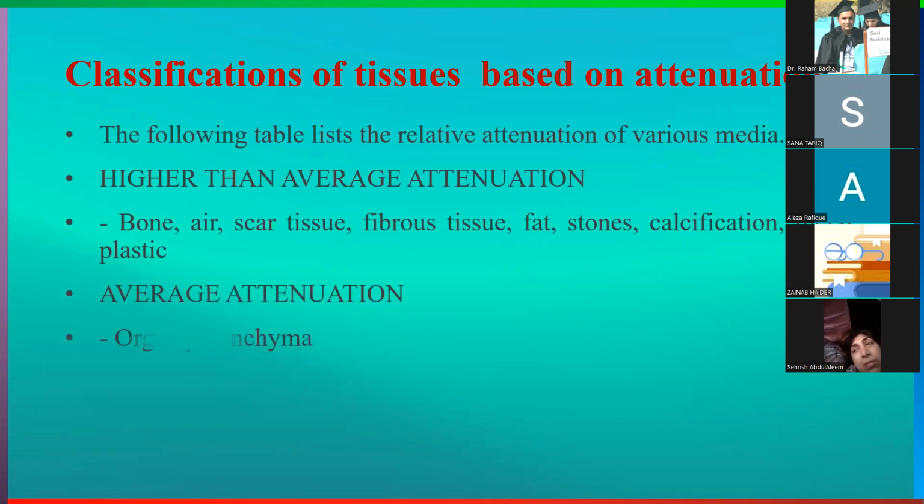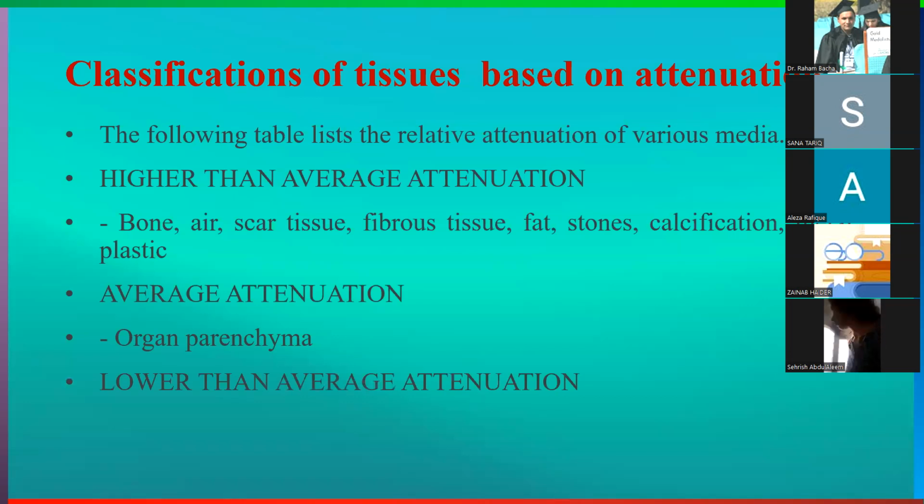These are highly attenuating structures, average attenuating structures, and low attenuating structures. The examples of highly attenuating structures are bone, hair, scar tissue, fibrous tissue, fat, stones, and so on. The examples of average attenuating tissues are organ parenchyma. And the example of low attenuating structures is fluid filled structures.